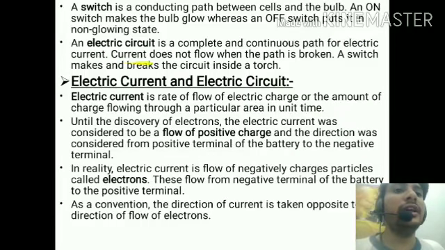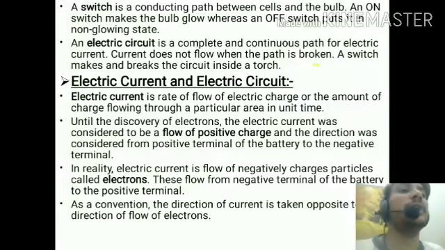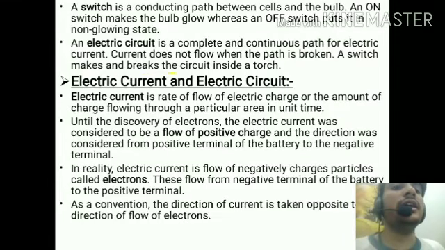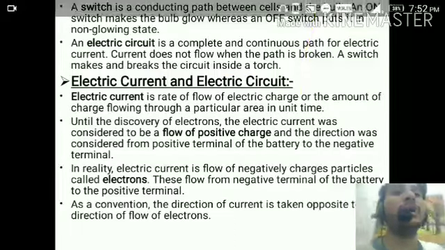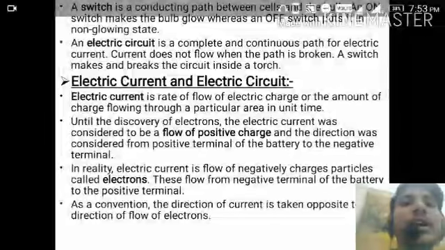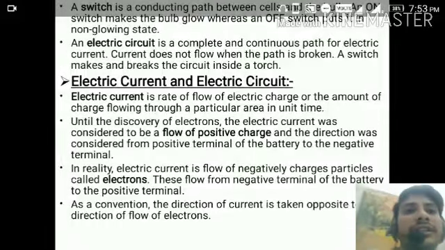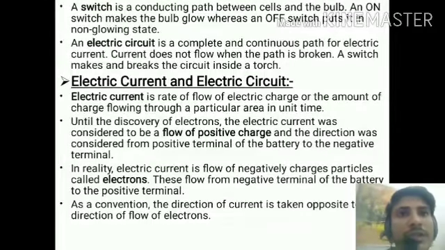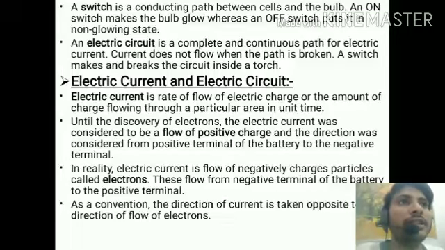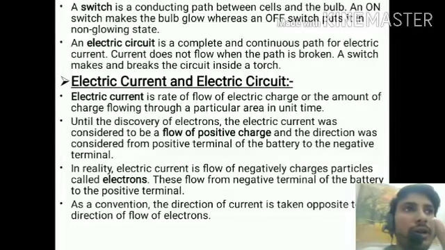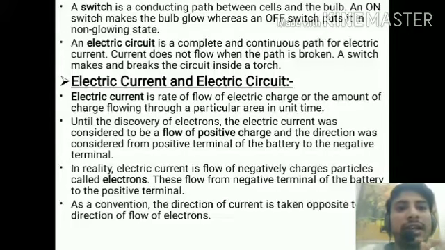An electric circuit is a complete and continuous path for the electric current. Current does not flow when the path is broken. A switch breaks the circuit inside a torch. Switch is a most important part that makes the connection between the electrical appliances and the electricity.